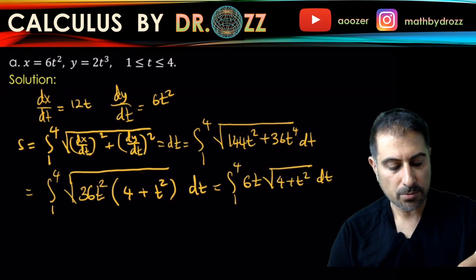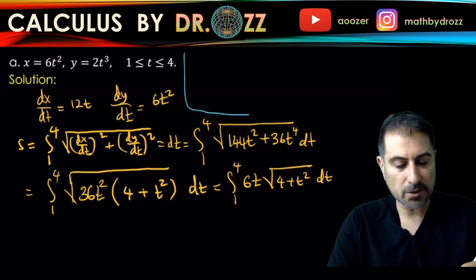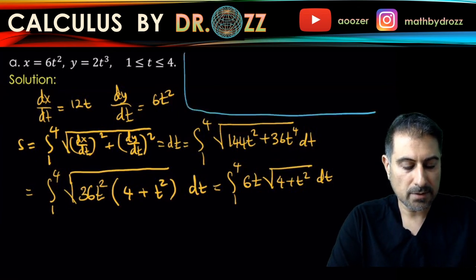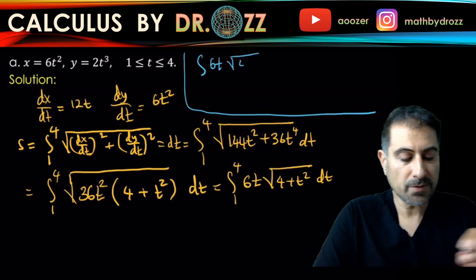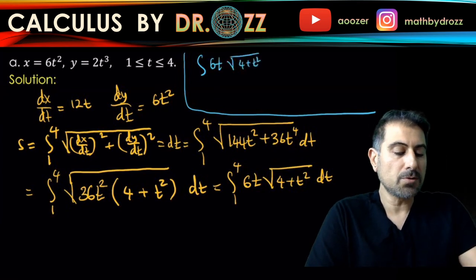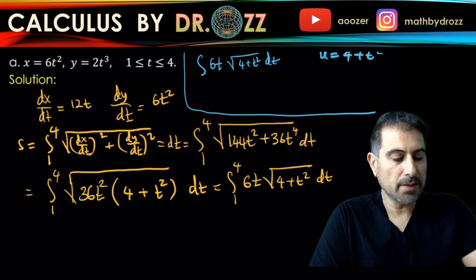To handle the u substitution, I'm going to use this scratch space here. All I need is the indefinite integral of 6t times the radical of 4 plus t squared, and I let u be 4 plus t squared. So du is in fact 2t dt.